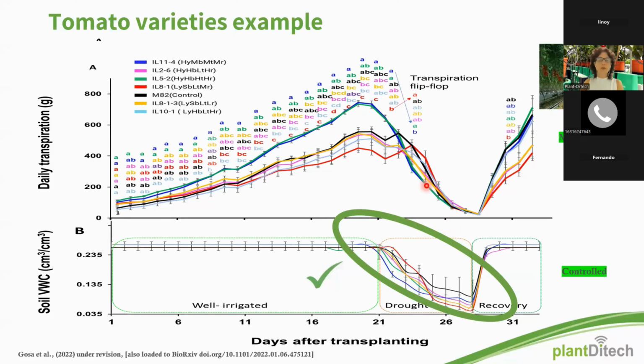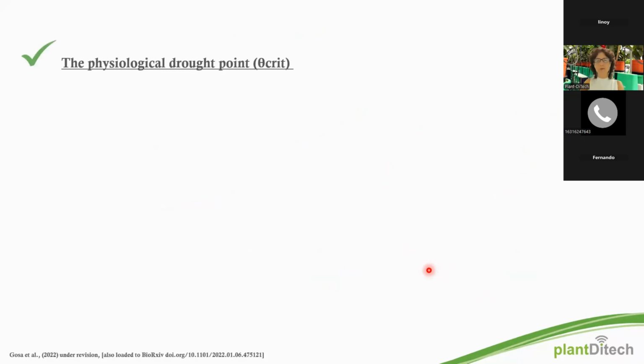This is critical in order not to have biased results, where you think your plants have drought tolerance, but they actually don't, because the soil water wasn't maintained correctly and it was another variable, another noise that came into your experiment. So with this system, you can reduce this to zero and have just the soil water content controlled all along.